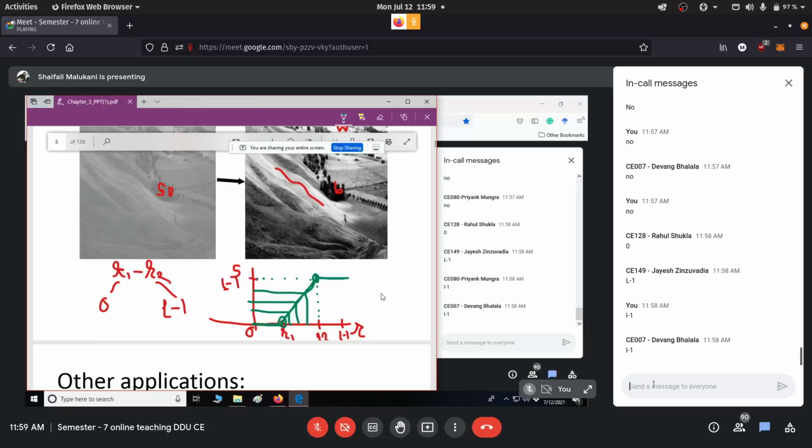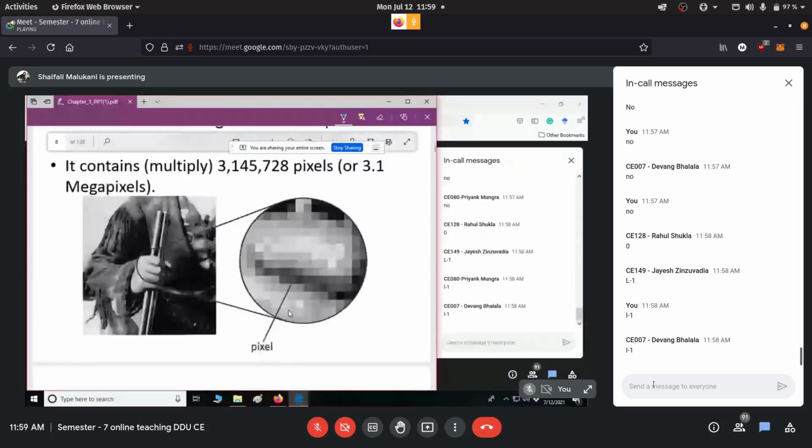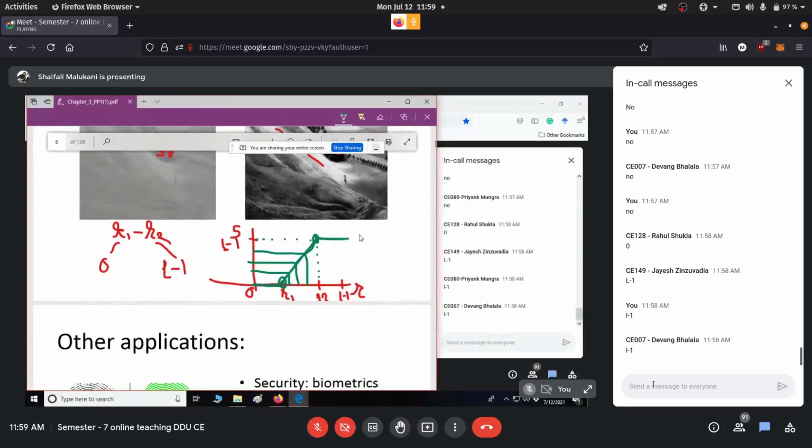Understood? So this is a special case of piecewise linear transformation. What was piecewise linear transformation, if you remember? The diagram was looking like this, right? So in that, this R1 was mapped to S1.